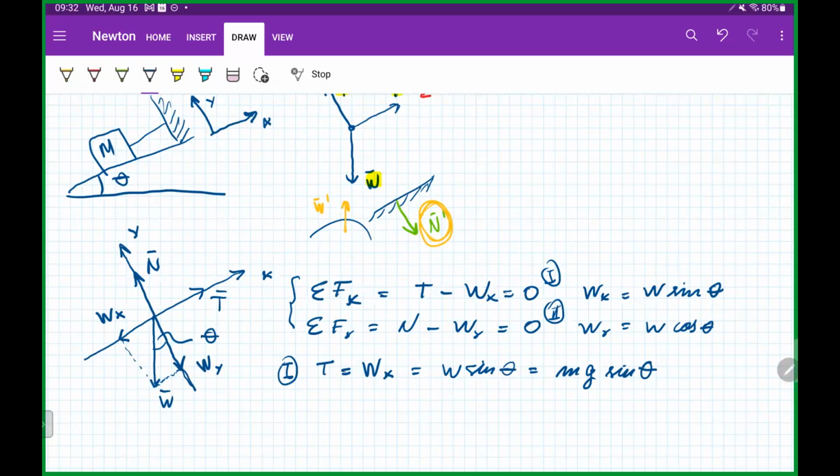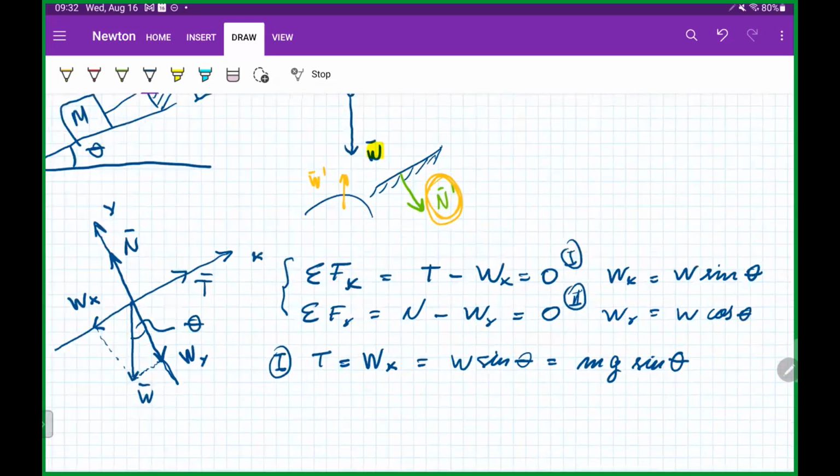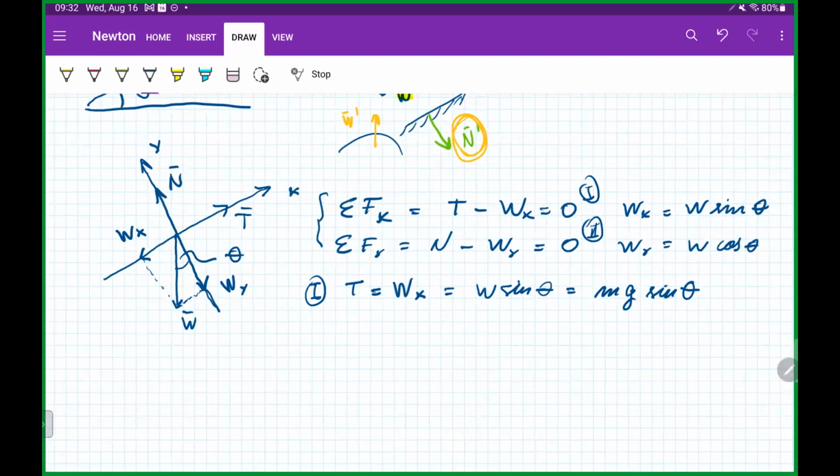Let me sidetrack real fast here. Imagine we established a y-axis solidary to the weight, then we would have tension here, normal here, and x pointing this way.